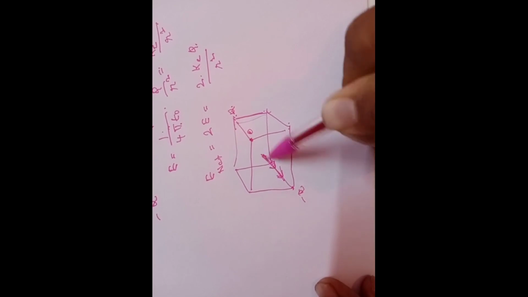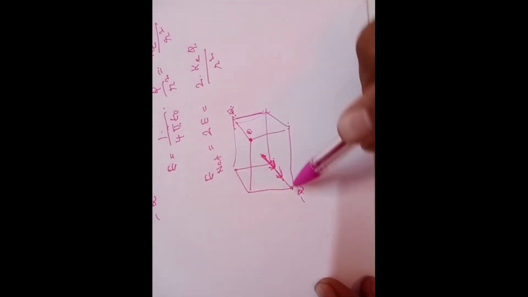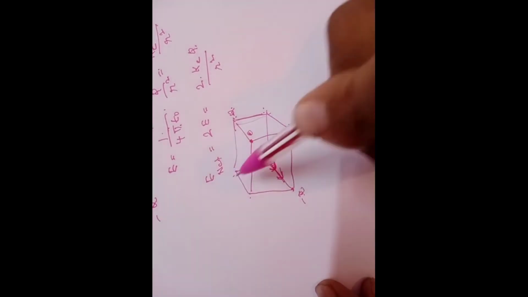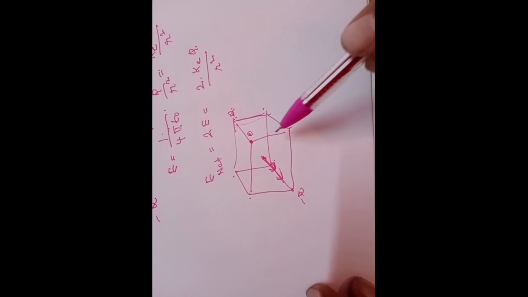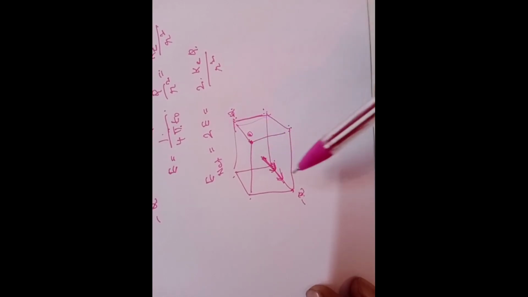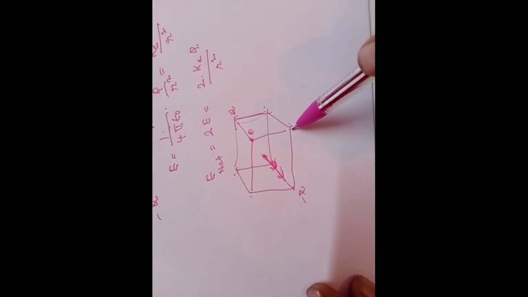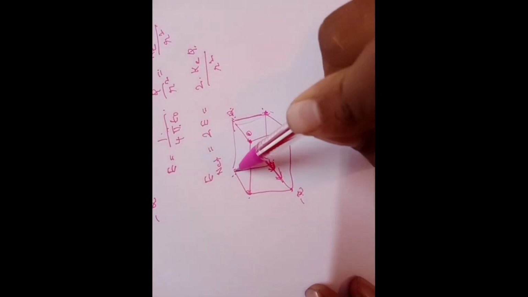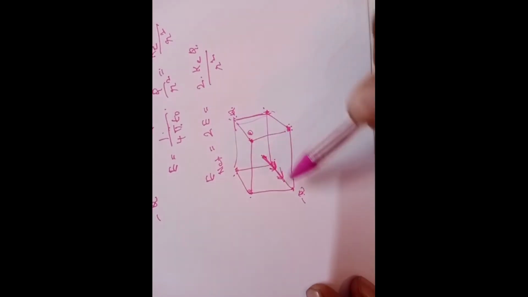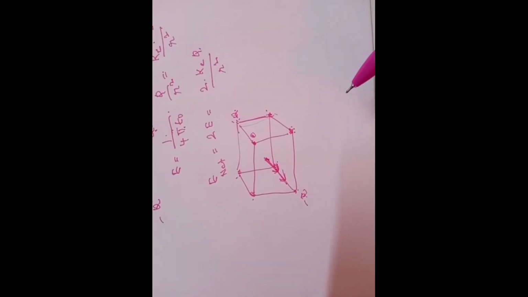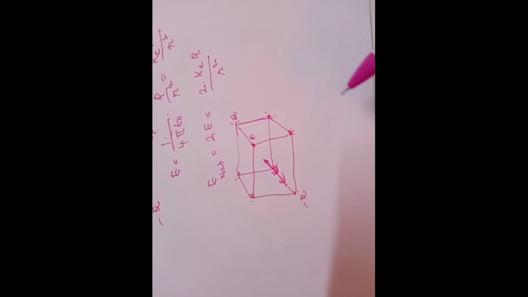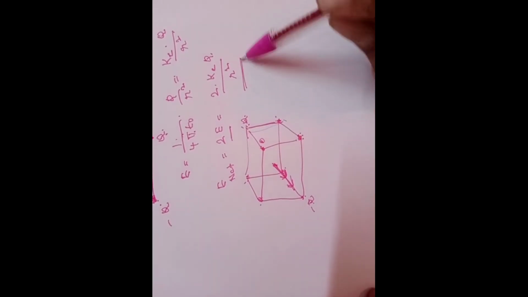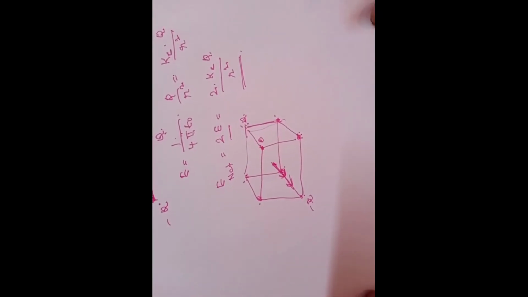Because of this, the field is in this direction, they will add. Remaining, this one, this one, this one, this one, everything will cancel. This and this cancels. This one and this one cancels. This one and this one will cancel. These two won't cancel with each other. That's why net field there will be 2E. So this value is 2Ke q by r square.